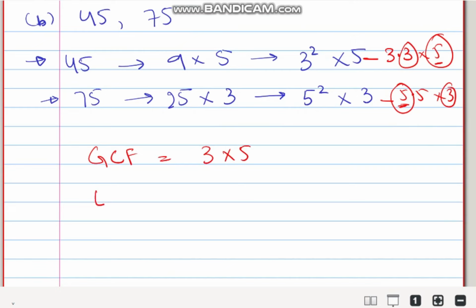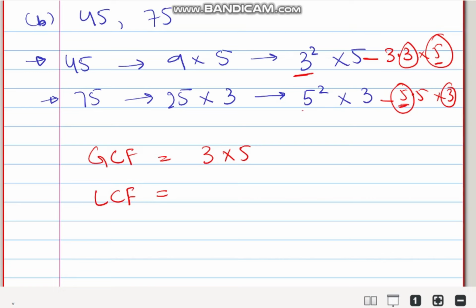Now what about the least common factor, LCF? Think about the LCF. This is a very important thing. Let me check: 3 squared. Is 3 squared present here?